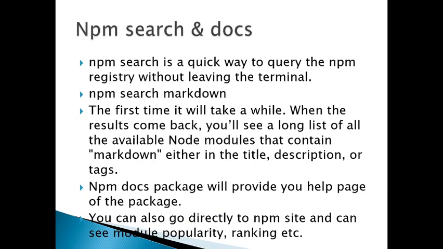It will search all the modules which contain that specific word. For example, I want to search fuzzy c mean clustering, so I will write npm search fuzzy c mean clustering. It will search all the modules which contain fuzzy c mean clustering and will provide the list of modules which are related to my search.